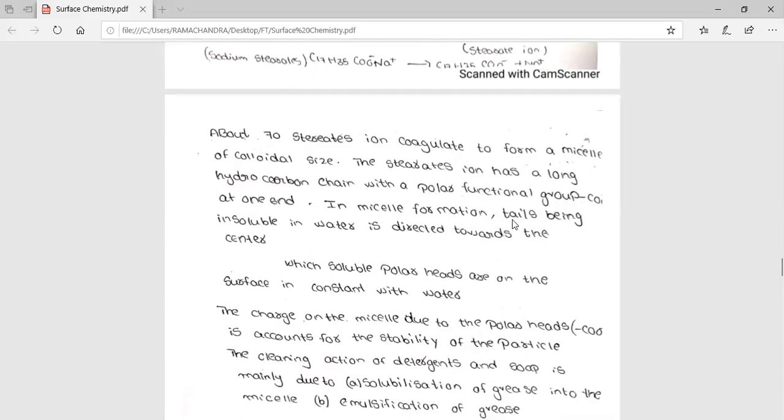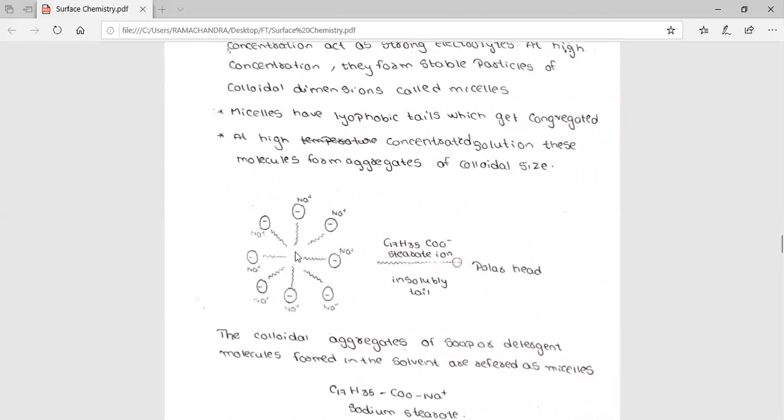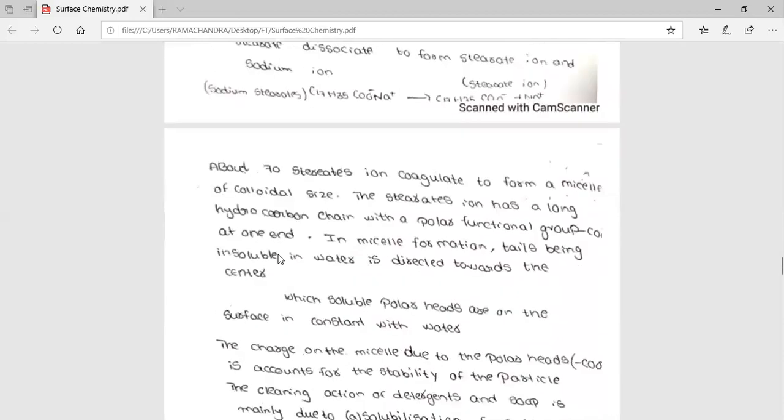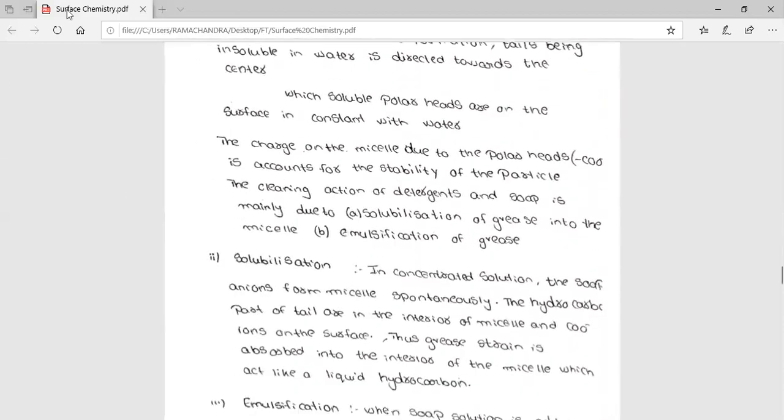In micelle formation, the tails, being insoluble in water, are directed towards the center. Next, the charge on the micelles due to the polar heads accounts for the stability of the particles.